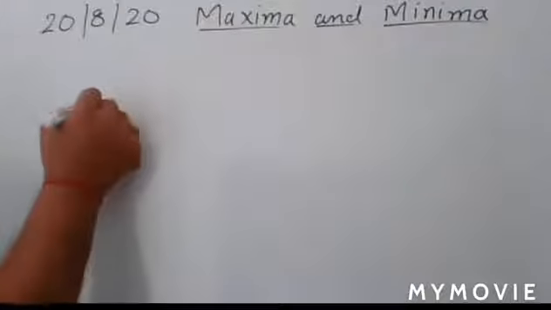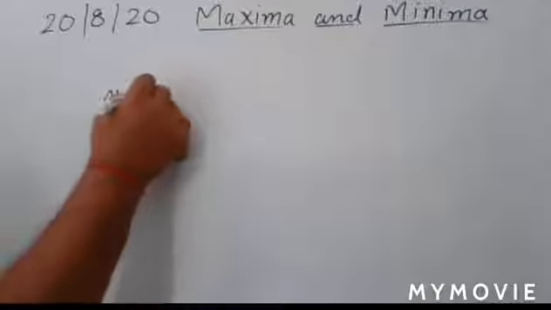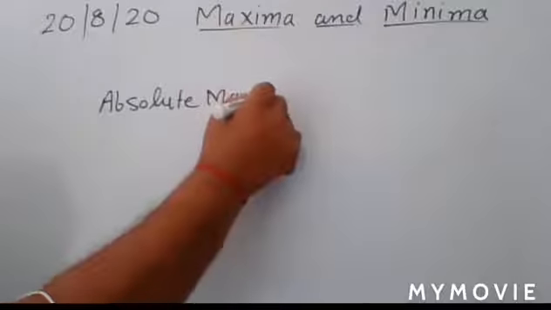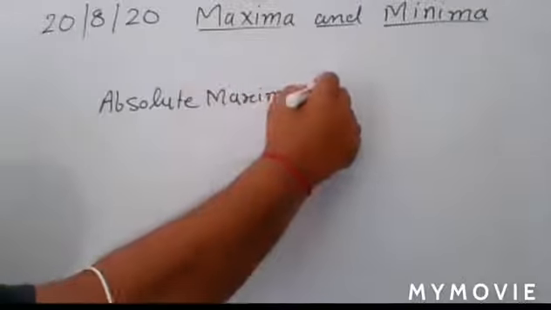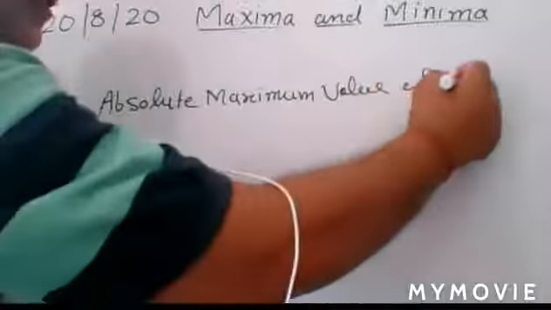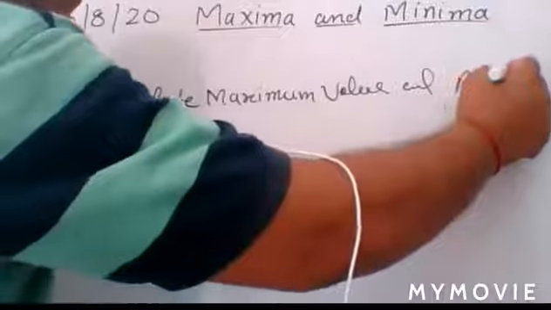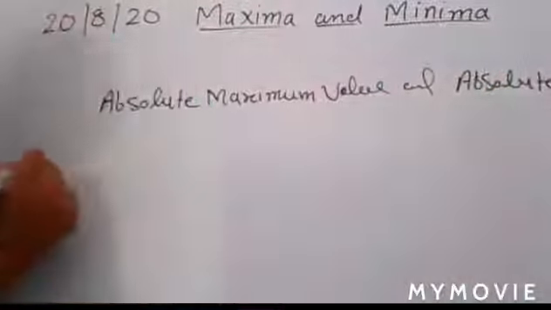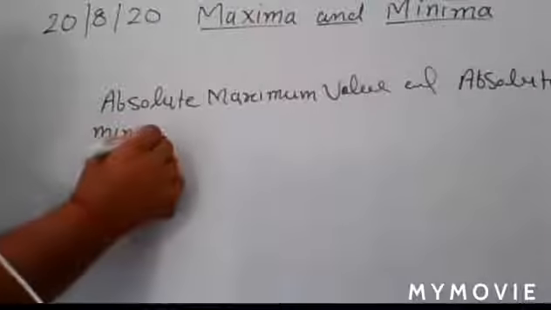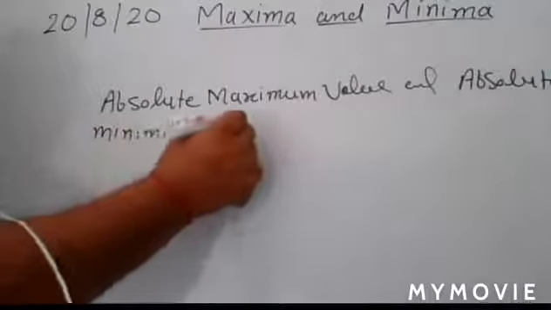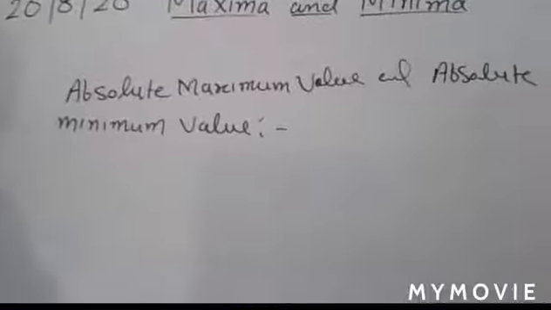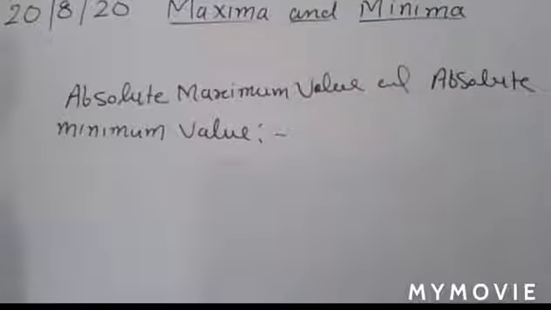So you write: absolute maximum value and absolute minimum value.